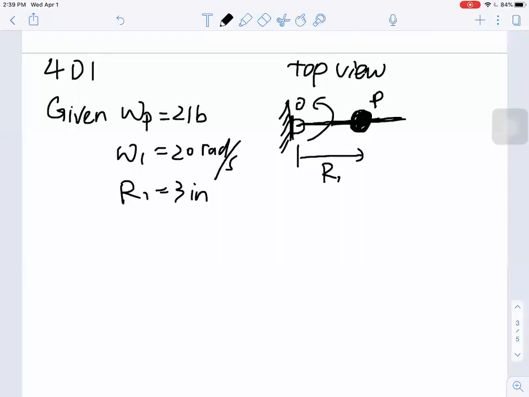We need to find the angular velocity, omega 2, when this particle is at a new position, R2, the distance from the particle to the fixed point O, equals 24 inches.